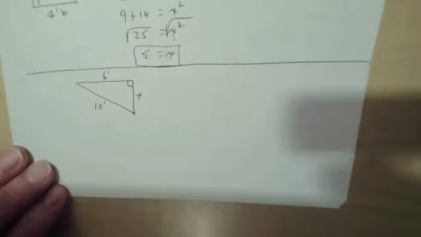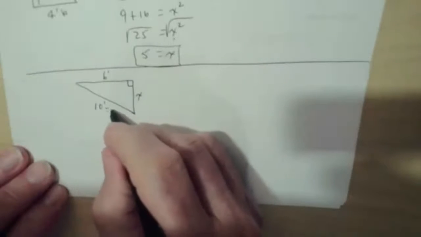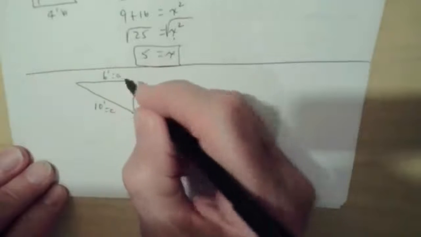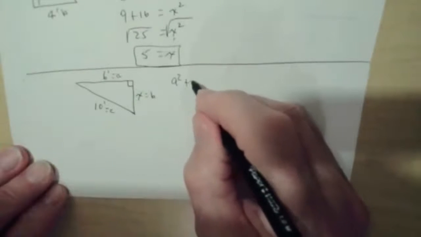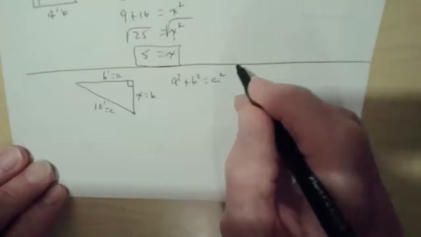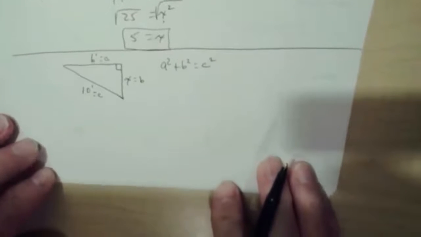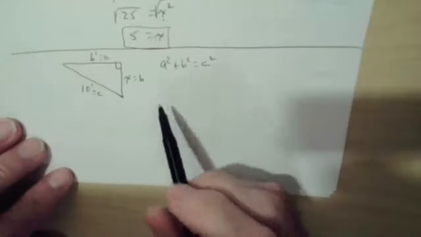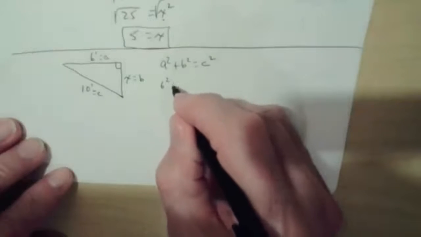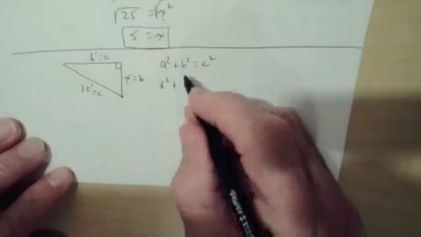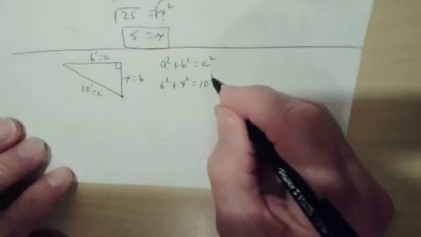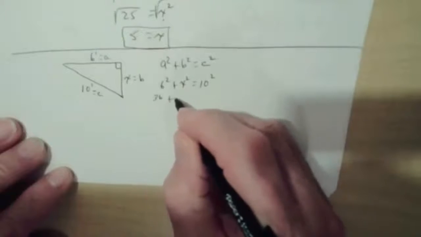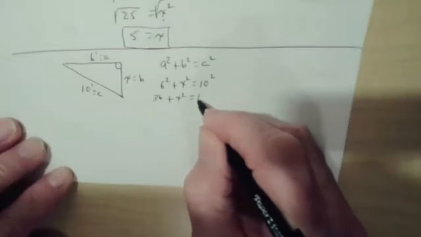Now remember, this one is our C. These are A and B. So A squared plus B squared equals C squared. This is about as difficult as these problems get, and it's really not very hard. So A is 6, so we have 6 squared plus our B is x, we don't know, and our C is 10. So we have 36 plus x squared equals 100.